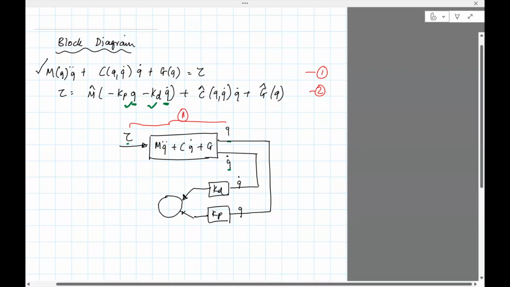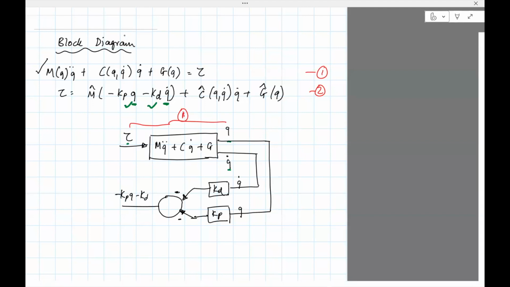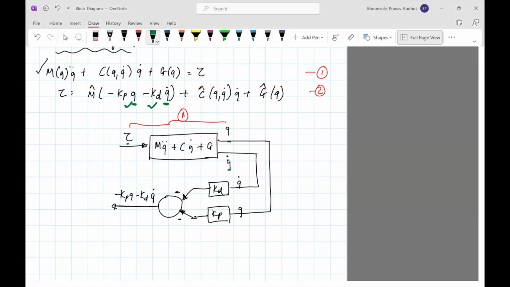Okay, so for this block, I'm free to choose what I want to do, summation or negation. So here I sum it up. I put a negative here, and what comes out here is minus kpq minus kdq dot. Okay, so I've taken care of this whole block.